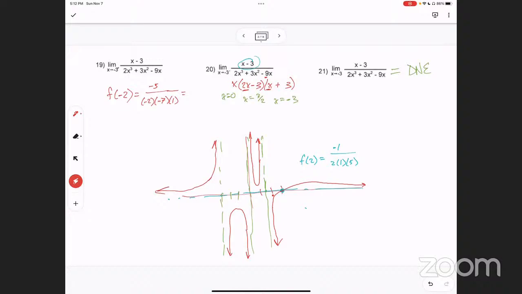So the best way to plug this in isn't by plugging it into here. The best way is to plug it into this over here where you factored it. I'm just trying to find the sign. So when I plug in -2 here, I get -5. Here, I get -2.